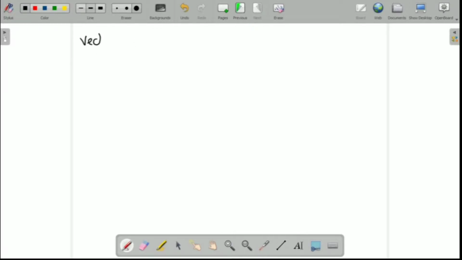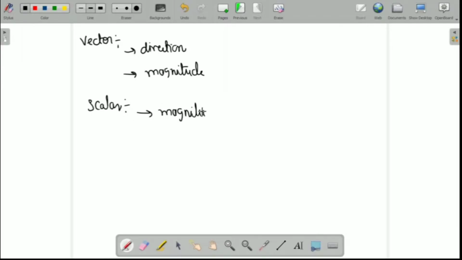Vector. Any physical quantity having a direction and magnitude is known as a vector quantity. Any physical quantity having only magnitude but no direction, we call it a scalar quantity.